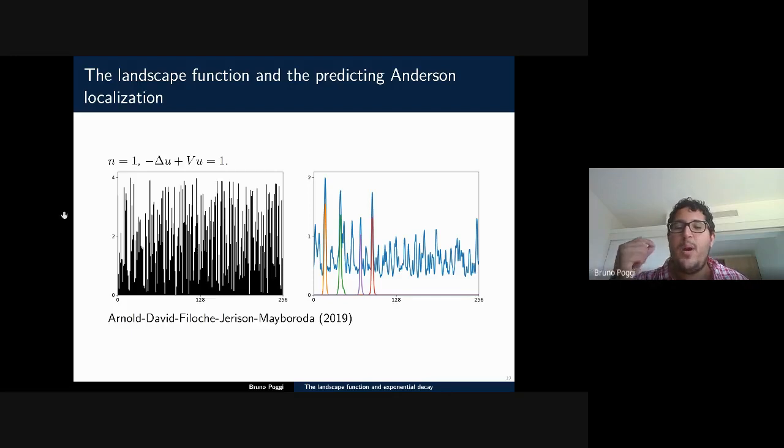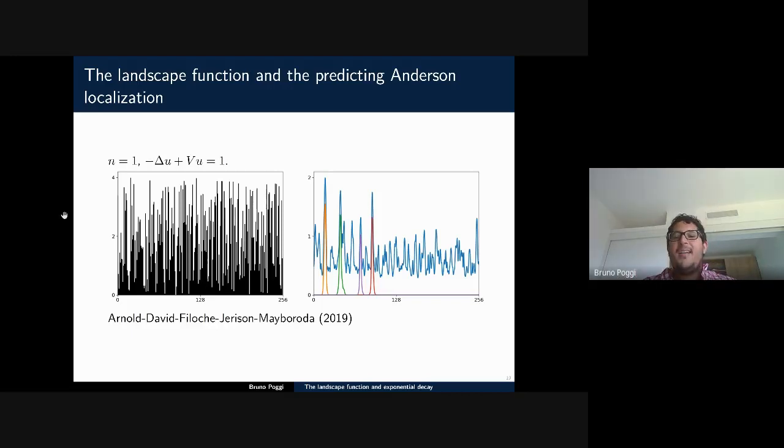That's the function 1 over u. Whereas the other lines of different colors represent the first few eigenfunctions of this operator in one dimension. As you can see, the eigenfunctions' values are completely within these wells.